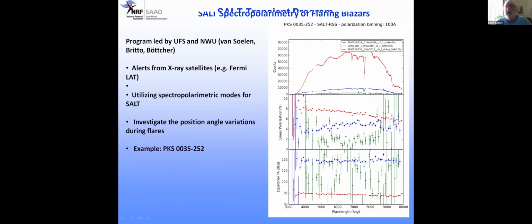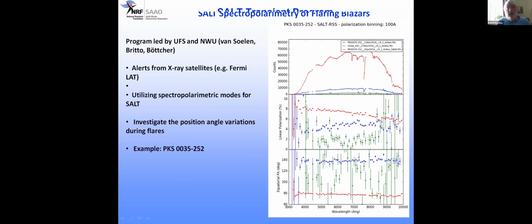And this is one example of highly energetic objects, flaring blazars, which are an interest of the group at the Free State and Northwest University, where they are reacting to alerts from, for example, Fermi or Swift of changing states of blazars.